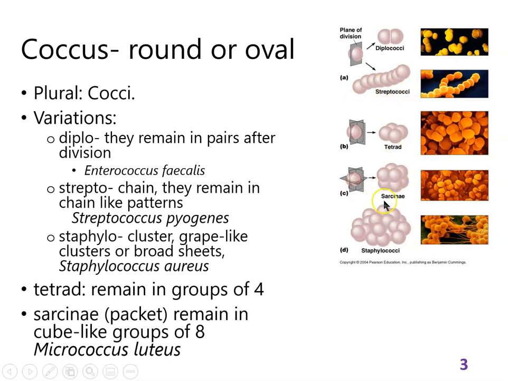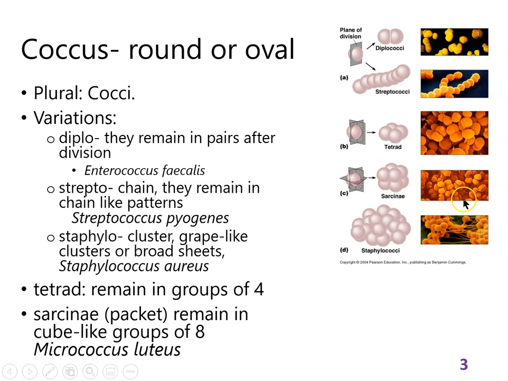Sarcinae, so these little packets, they stay in groups of 8. And what's happening here is they divide once along one plane, and then the daughter cells divide in a perpendicular plane to that. And then their daughter cells divide in a perpendicular plane to that.